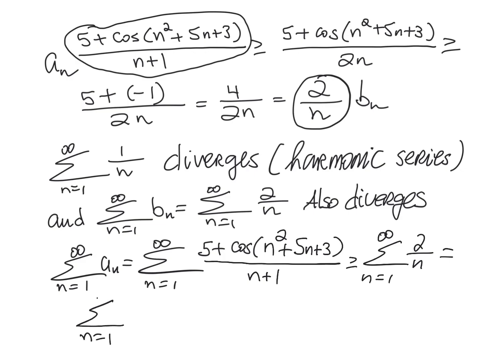And the b sub n series, we know it diverges. And the a sub n series is greater than the b sub n series.